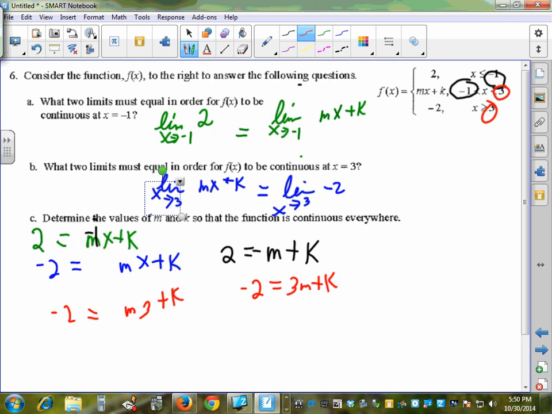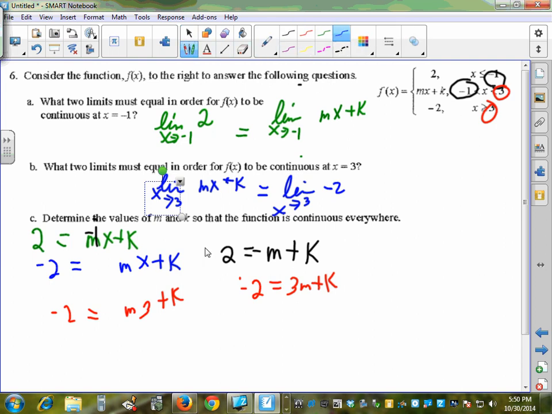We have two equations, two variables, so we know we're going to be solving a system. Anytime you've got two equations and two variables, it's a system. I notice that I've got two positive k's here. If I temporarily make one of those k's negative, I'll be able to solve the system.